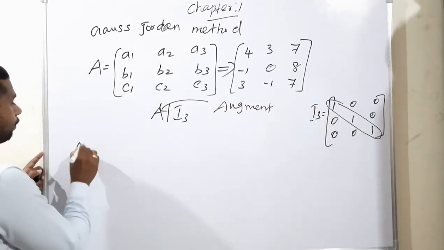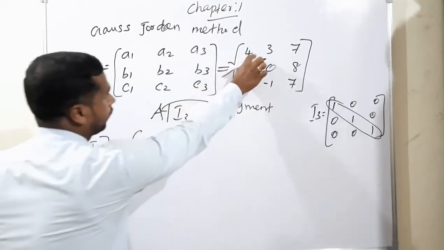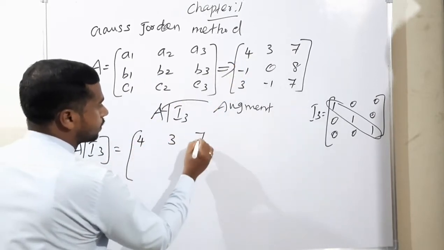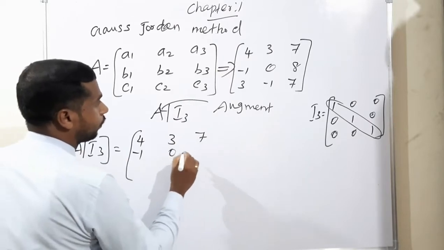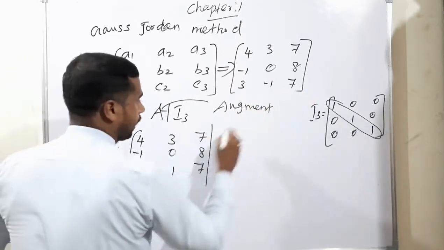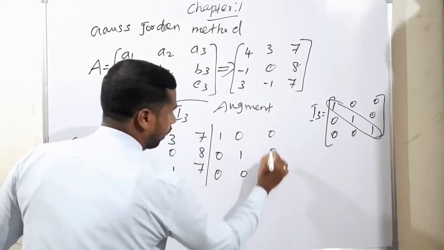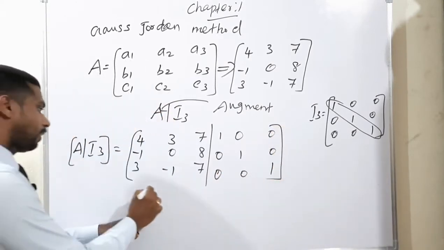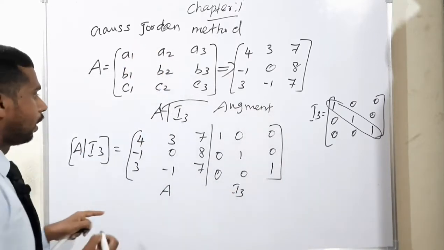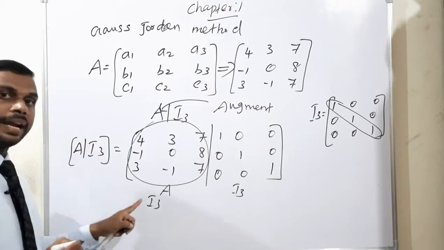So here, A I have written with numbers instead of letters: 4, 3, 7, minus 1, 0, 8, 3, minus 1, 7, compared with the identity matrix 1, 0, 0, 0, 1, 0, 0, 0, 1. This is A, and this is I3.